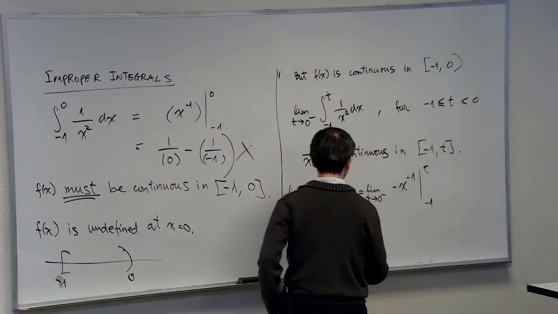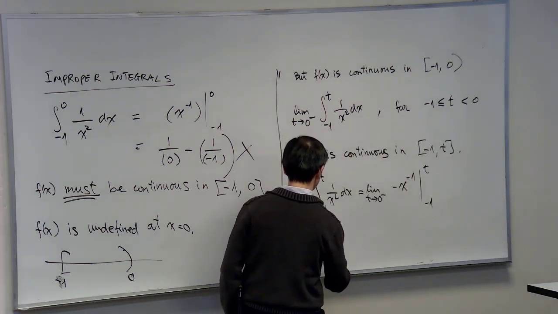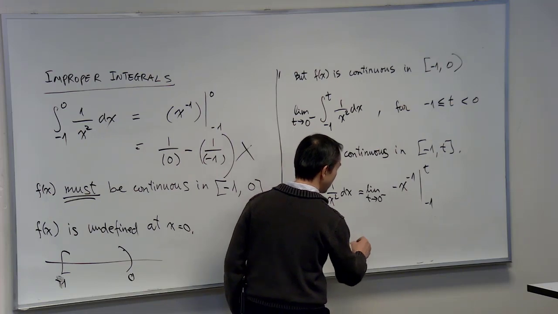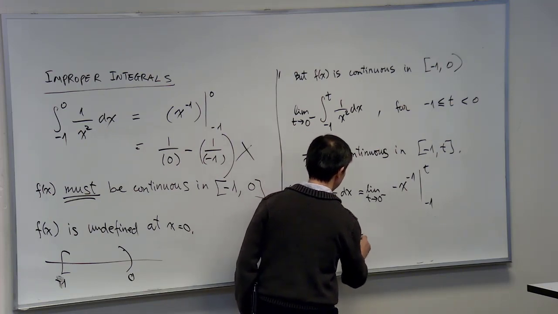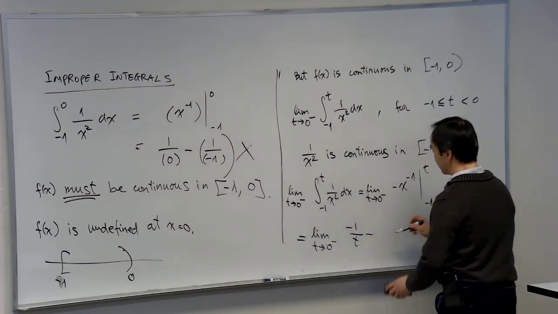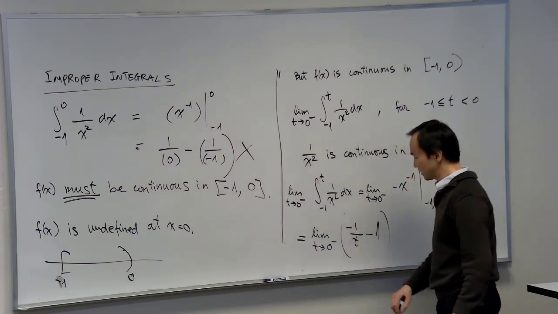So we evaluate that as a limit problem, letting t go to 0 from the left-hand side: minus 1 over t, and then minus 1 altogether.